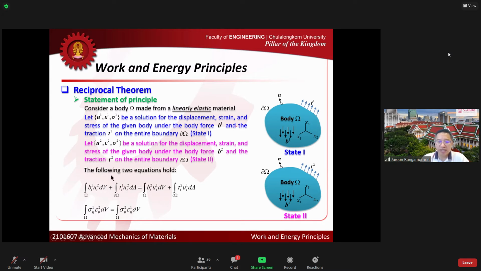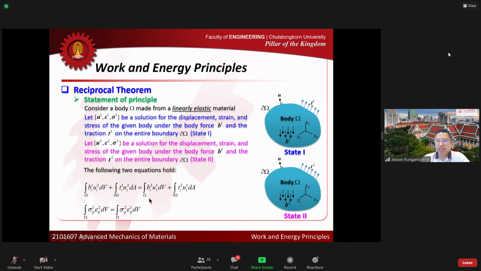The term on the left-hand side is simply the external work done by the body force and the traction from the first state through the displacement from the second state. If you look at the right-hand side, we do it the opposite way. We take the body force field B2, multiply by the displacement from the first state, and take the traction from the second state, multiplied by the displacement from the first state, and we perform the integration over the body and over the boundary.